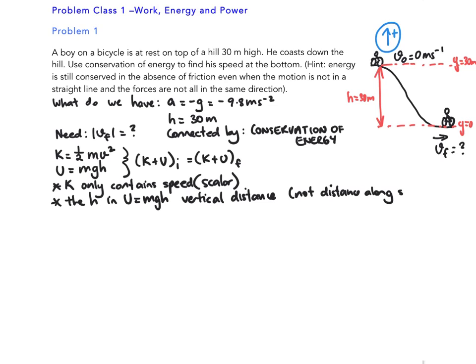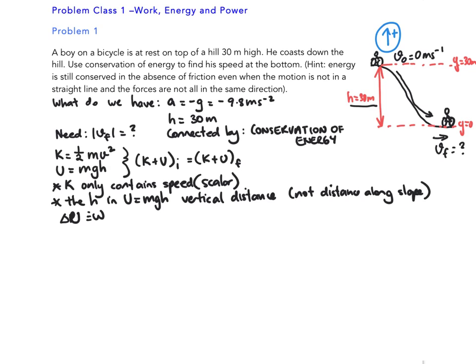You're only doing work against gravitational potential energy in the vertical direction, so it's not the distance along here. It's this one that we're looking for. The delta U is the negative work done. Only the force of gravity acting along that path does any work in that direction.